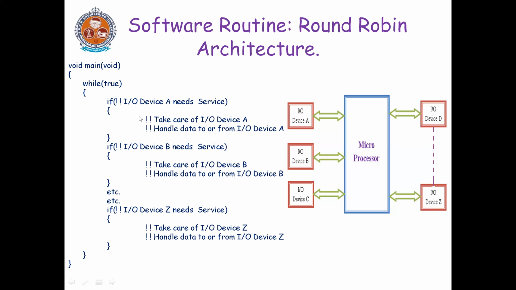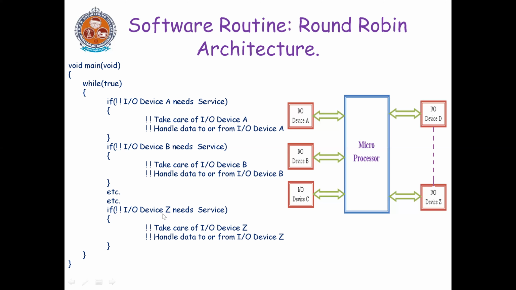For device A it has been given, next for device B, similarly C, D, E, up to the final device Z. If IO device Z needs the service, and this is true, again take care of IO device Z and then handle the data to and from the IO device. That means Z will also handle the necessary service that is required by device Z.